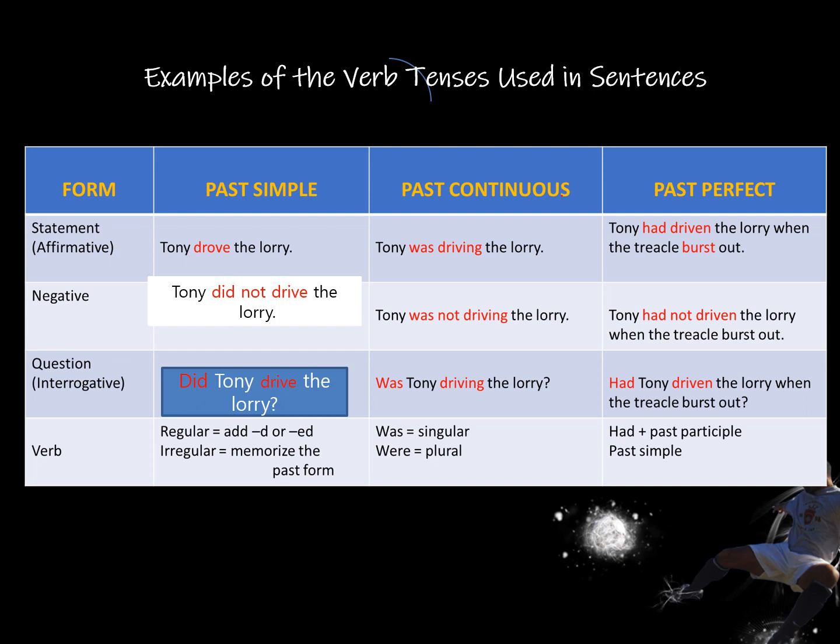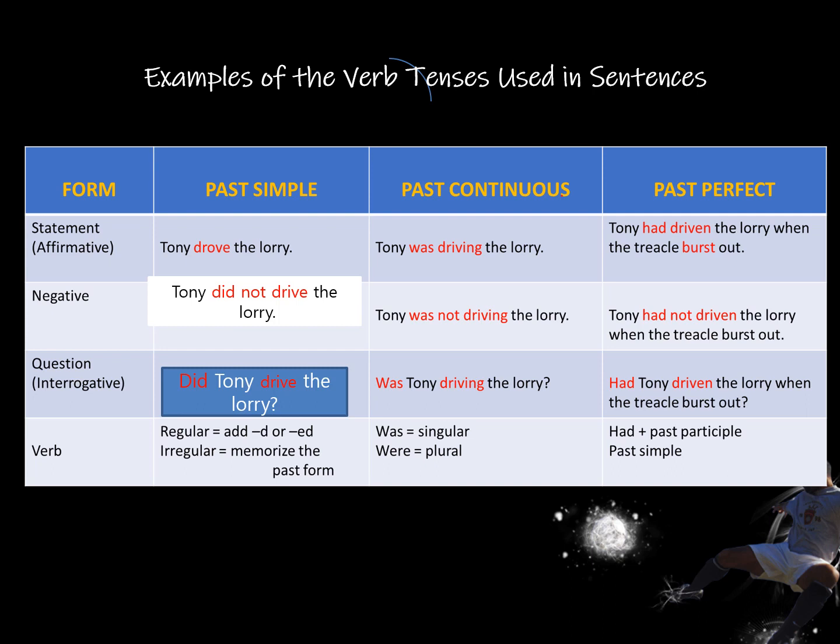So if we have the past simple under the statement form or affirmative, we say Tony drove the lorry. But if we want to make it negative, then we say Tony did not drive the lorry. And to make it into question, we say, did Tony drive the lorry?